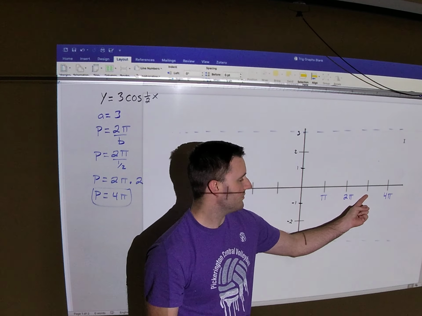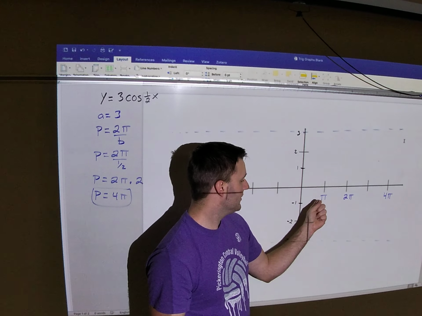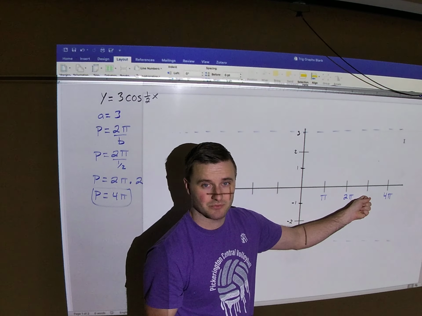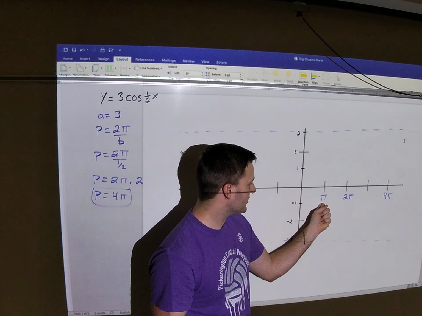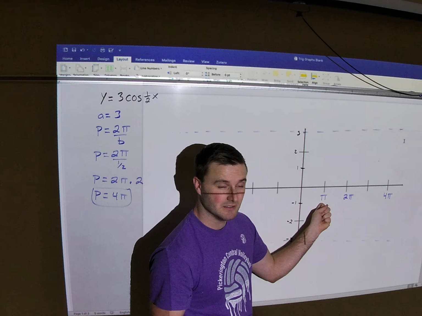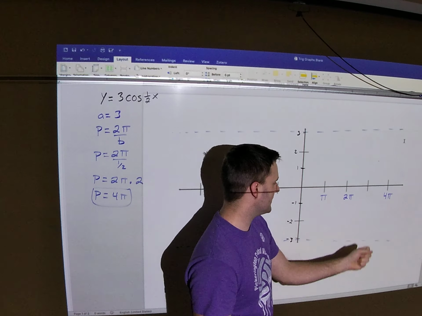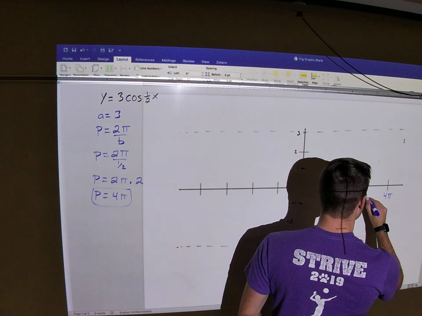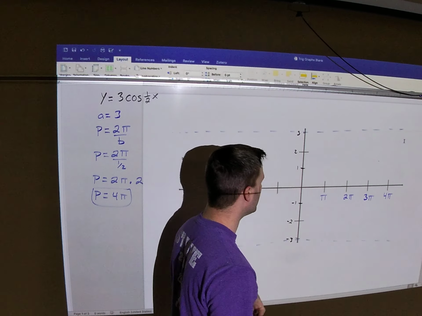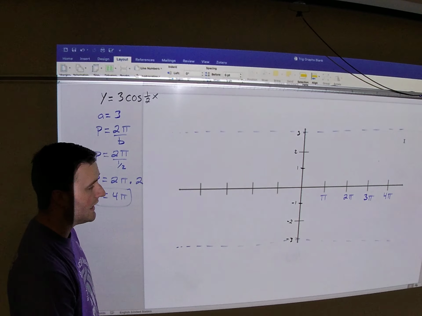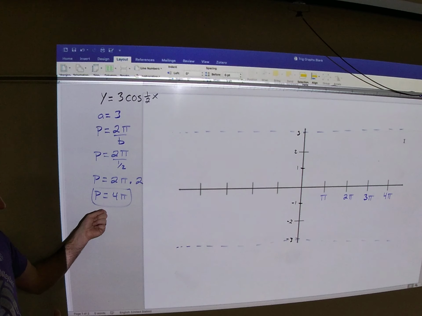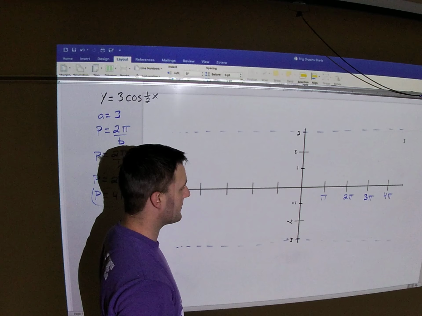This one is not very hard to figure out, but sometimes the third tick mark can be kind of challenging to figure out. So what I do is I take my first tick mark and I multiply that by 3. That gives me my third tick mark. So 3 times pi is 3 pi. You may have your own way to figure that out, and that's fine. I start with whatever my period is, I go to my fourth tick mark, and I write that down.